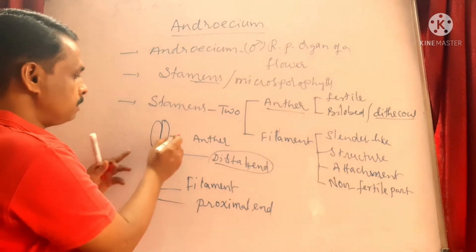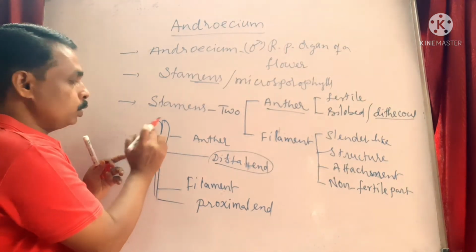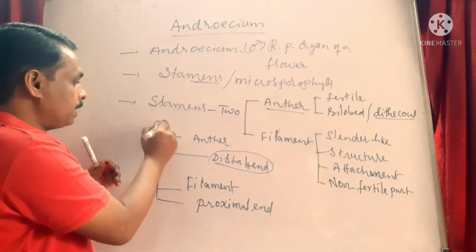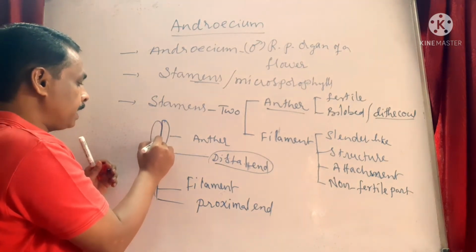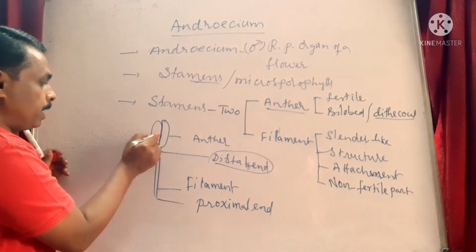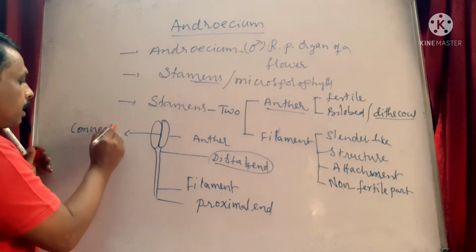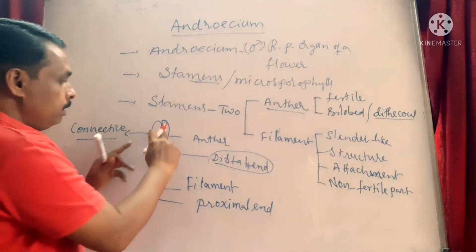See, look at here. This is the anther. There are two lobes present, 1 and 2. Right. The two lobes are connected by a sterile parenchymatous structure present between them, called the connective.